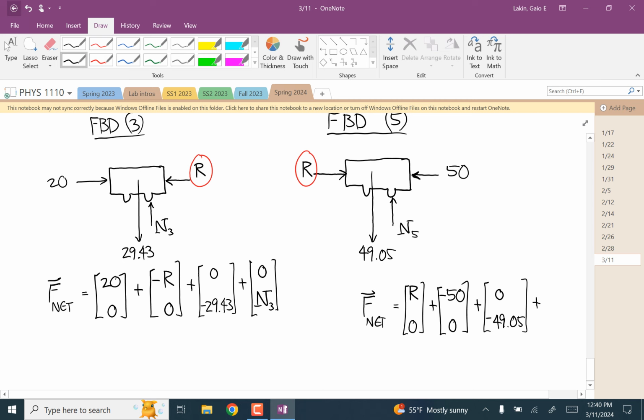The normal is in the positive Y direction. And that's everything on the left side of Newton's second law. Okay.